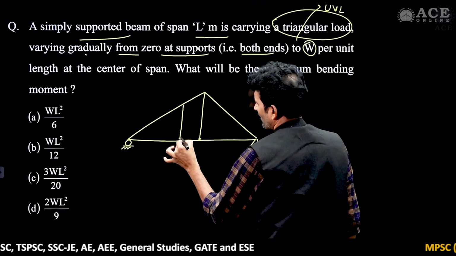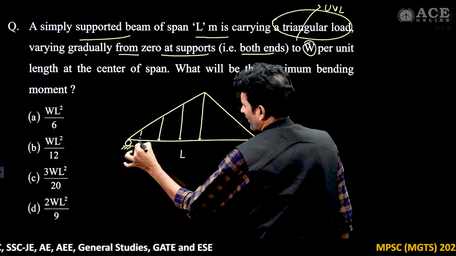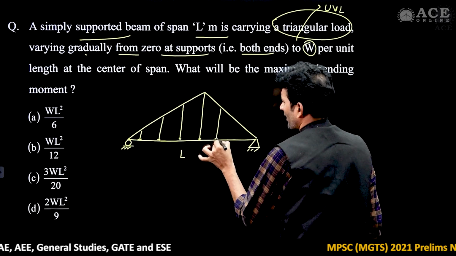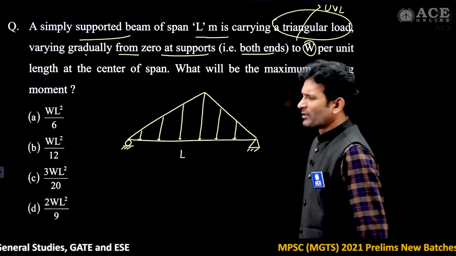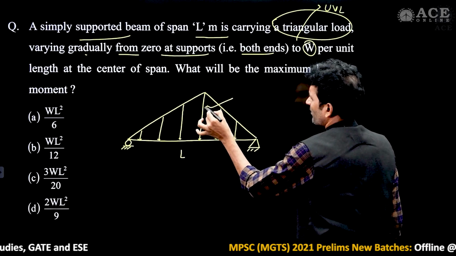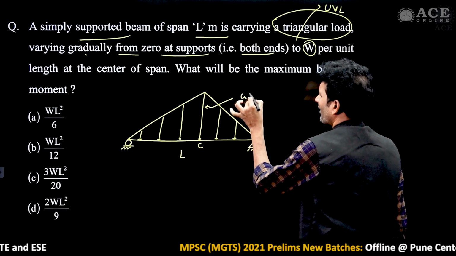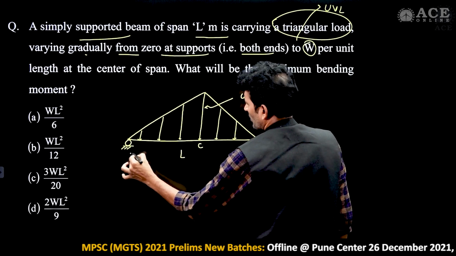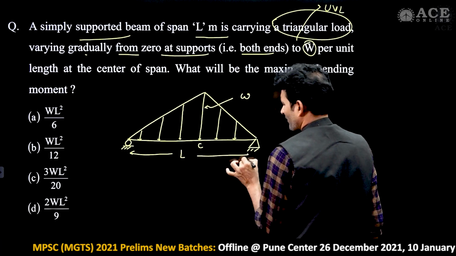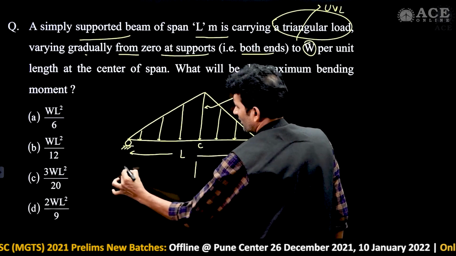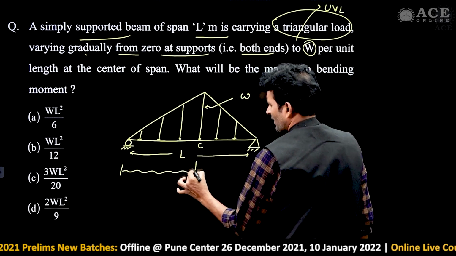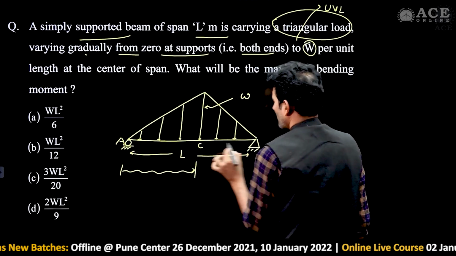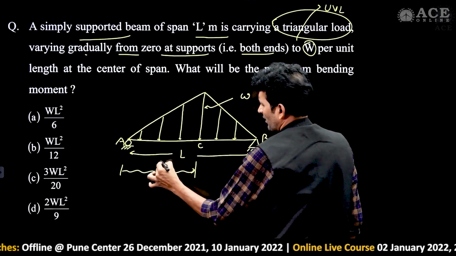Let us take the loading diagram for this beam. This is the loading diagram. What is the rate of loading at this point? Omega, or small w. Here the total length is L units, and the distance from A to C is L by 2.